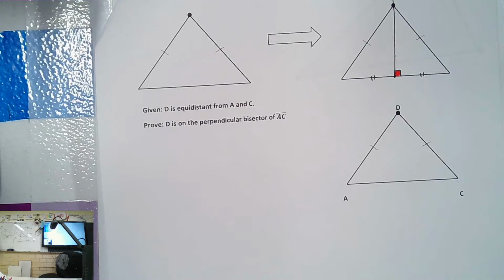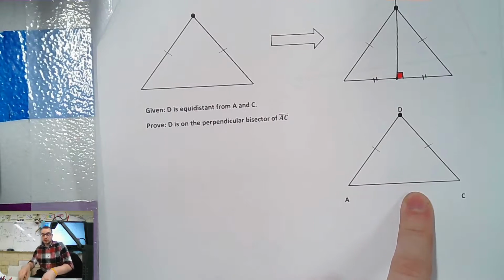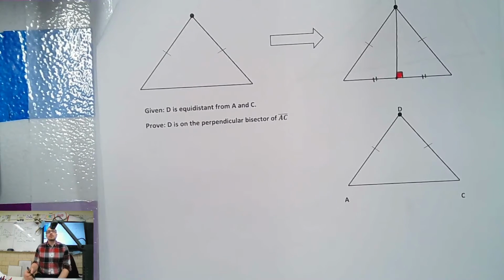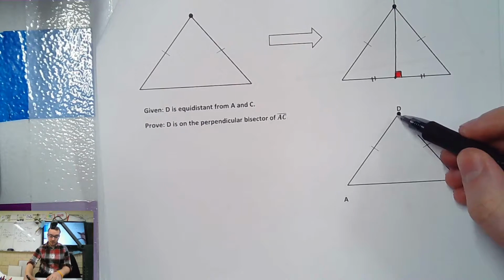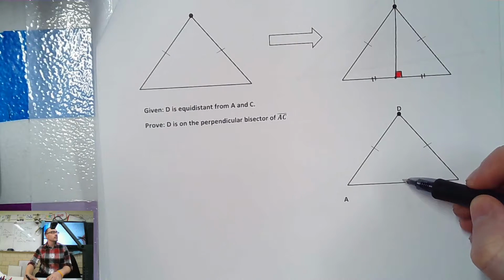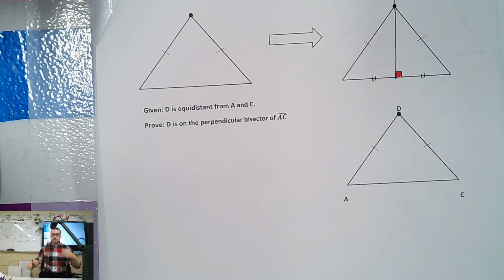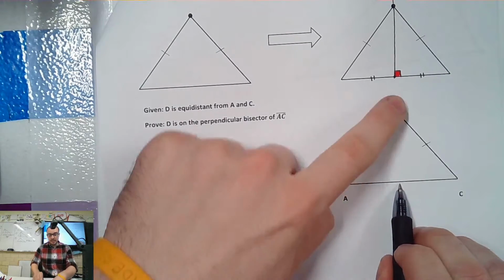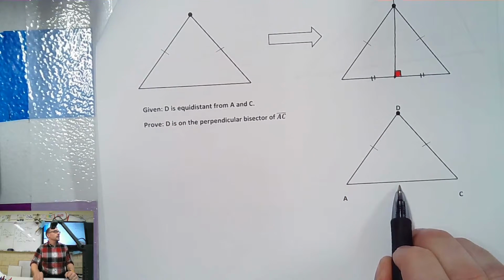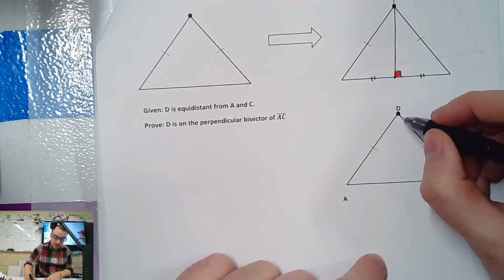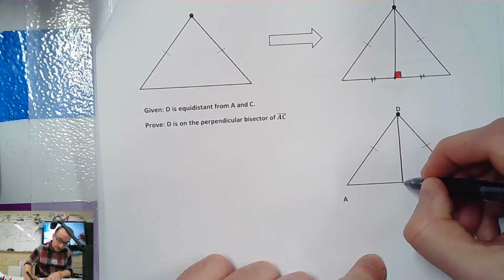So what I'm going to do for this one is I'm going to drop a perpendicular. That's totally valid. We can say, look, vertex to 90. I'm going to assume that's fine. You could also say, let this be the midpoint and connect the dots. What we're going to do is do this first one. So I'm going to drop from here to here at 90.